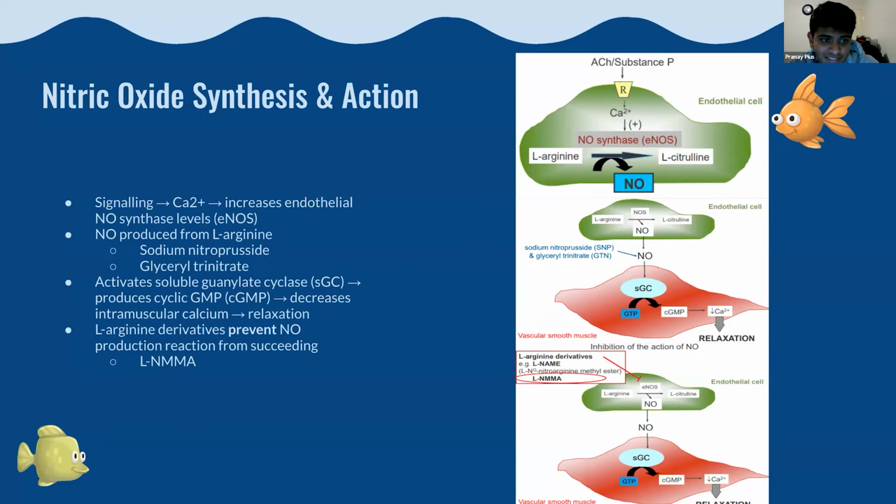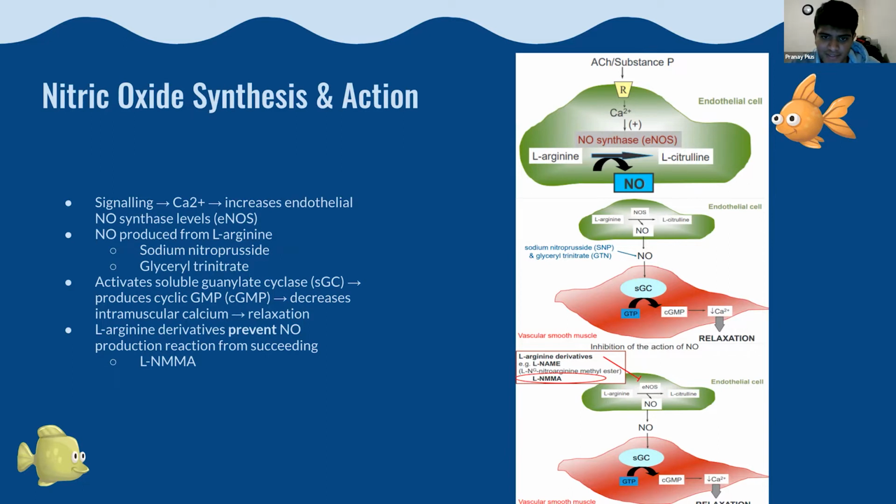So, nitric oxide synthesis and action. Again, I don't really know how much detail we're supposed to know. I don't think I've ever been asked this in year 2, or seen stuff like this in year 1 exams, but just for your knowledge: calcium influx increases endothelial nitric oxide synthase levels, called eNOS.